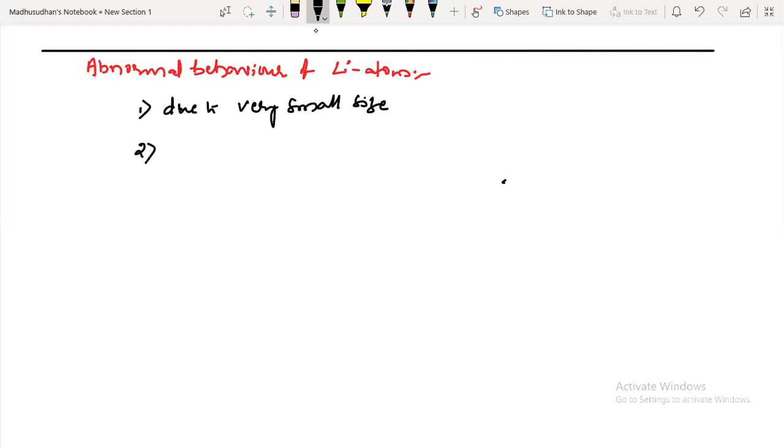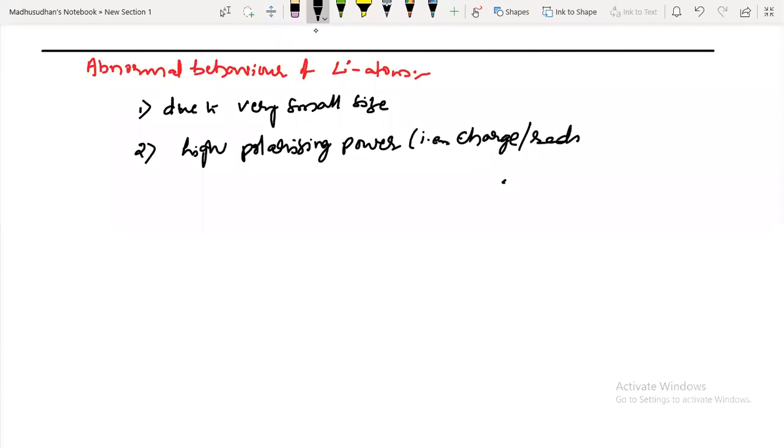Second one, it is having high polarizing power. Polarizing power means it is a charge to radius ratio. So what is the main reason for abnormal behavior of lithium?